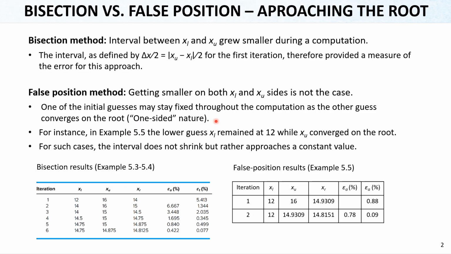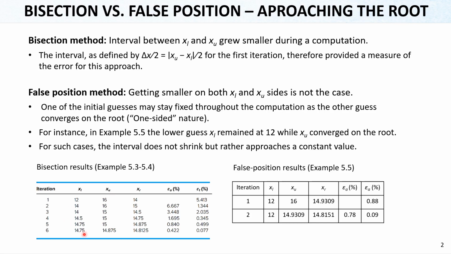For the parachutist example, example 5.5, the lower guess xl remained at 12, while xu, the upper bound, converged to the root, getting closer to it. For the bisection, we had 6 iterations, and you can see xl and xu keep changing. xl changed from 12 to 14. It was constant a little bit, but then changed, and then changed again. xu also changed, and changed.